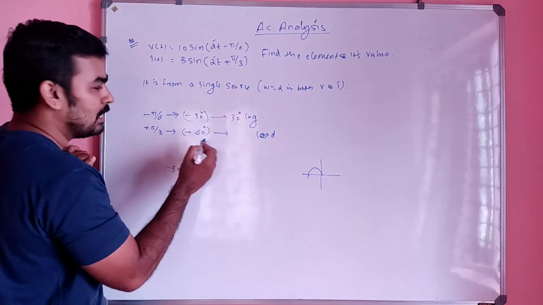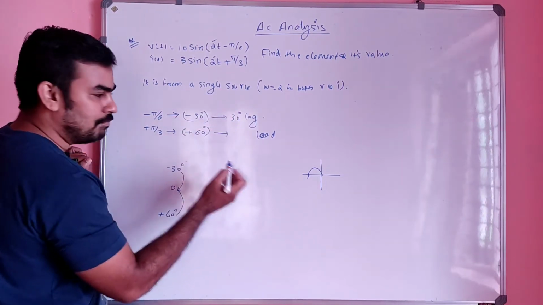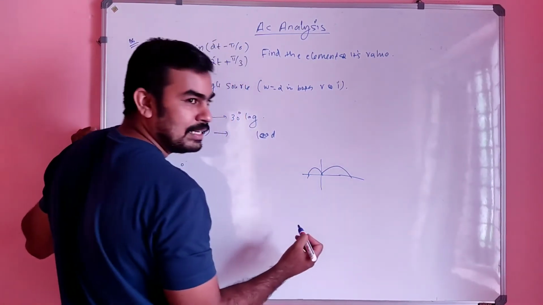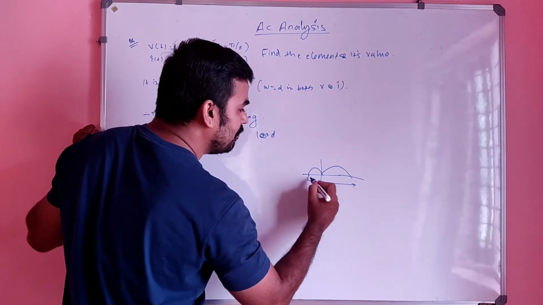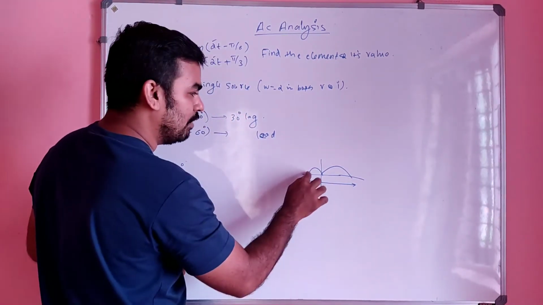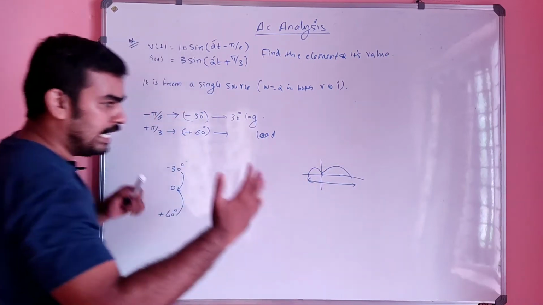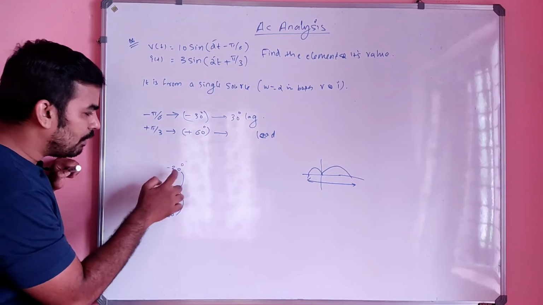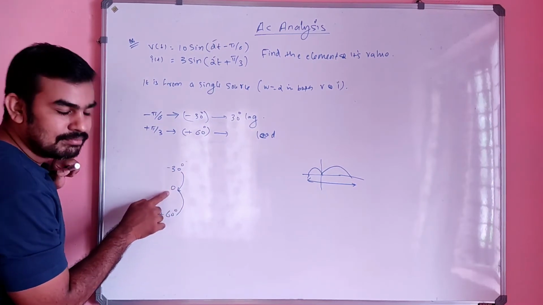I came here and 0 to 60 I have to come. Then only these two waves will connect together, right? Because this is one wave and this is another wave. If we combine these two waves to a single axis, first we have to go minus 30 to 0.